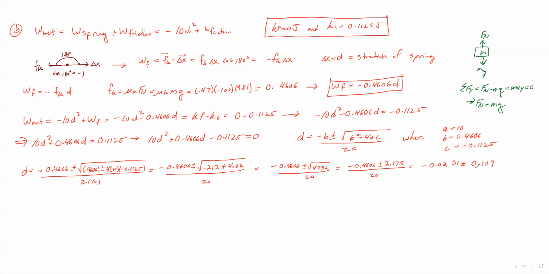Now I've got to figure out whether it's plus or minus, because the mass can go on either side of equilibrium, to the left or to the right. But we're talking about it going to the right, because we're talking about being pulled. So D must be greater than 0 because it's pulled to the right, which is positive.